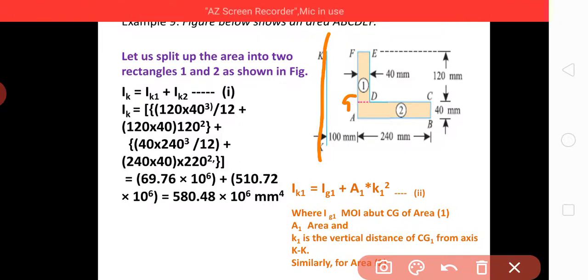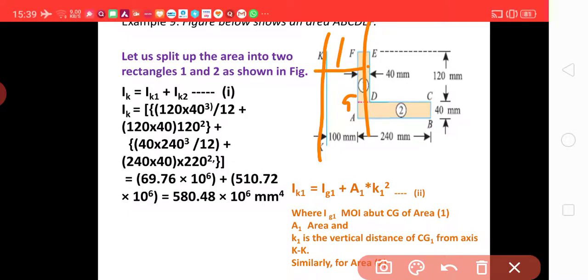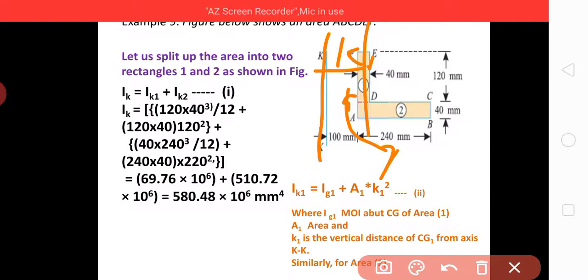K1 is the distance of the centroidal axis from the axis of reference. We have considered it as K1. So this is the K1.